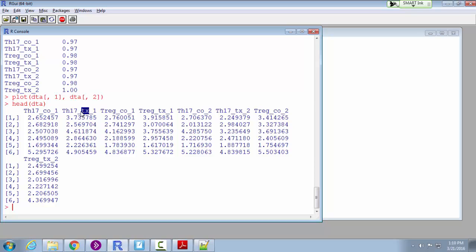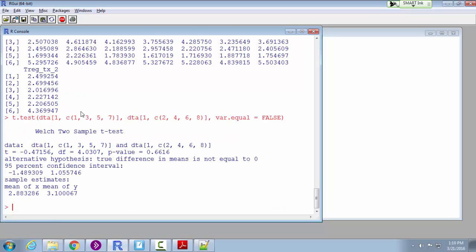So you could do t.test, data first row. Let's get all the control observations, those were in columns 1, 3, 5, and 7. And let's compare that to gene 1, all the treatment columns, 2, 4, 6, 8. Also, we were going to say var.equal equal to false. So we can do a t-test, and I could pull out the p-value. The p-value is 0.66.